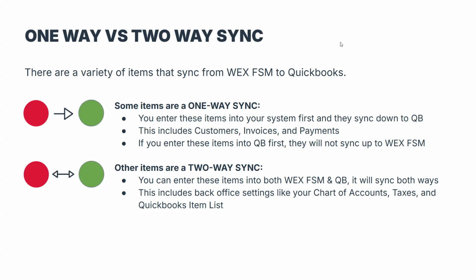We're going to show an example of both in the system so you can get a nice visual of what each of these are. But for now, that is just our foundational knowledge. We have one-way sync items, customers, invoices, payments, and we have two-way sync items like your back office settings, chart of accounts, taxes, and QuickBooks item list.